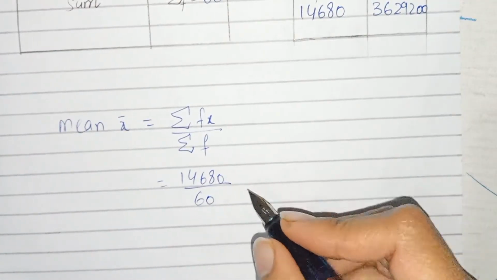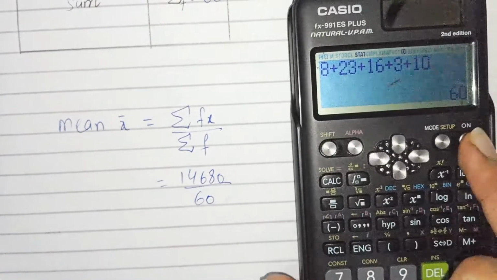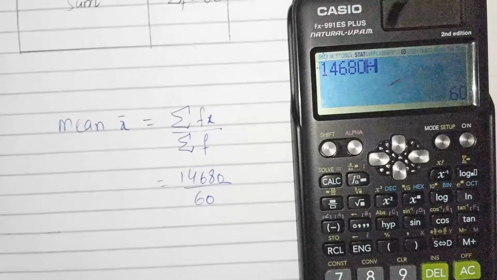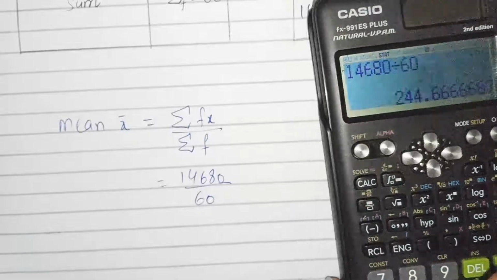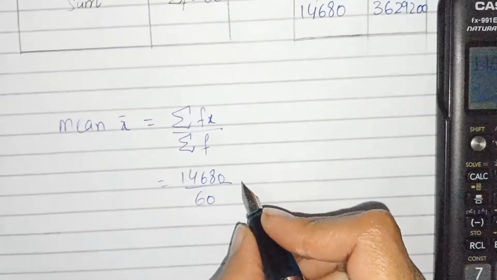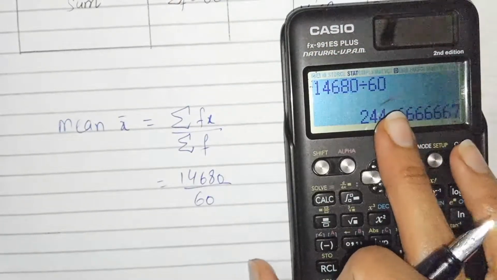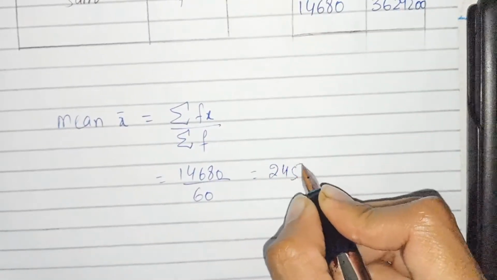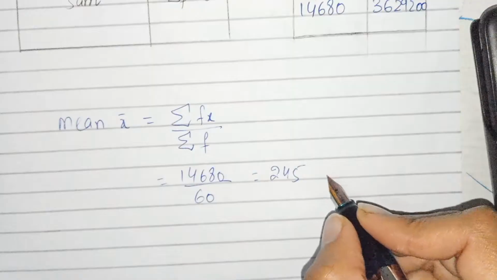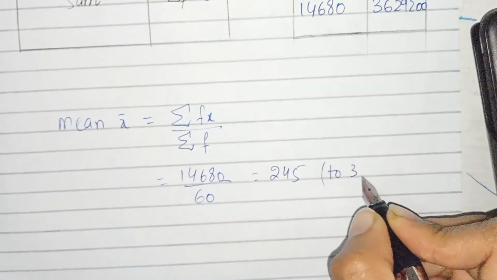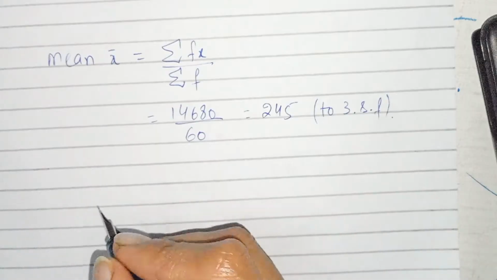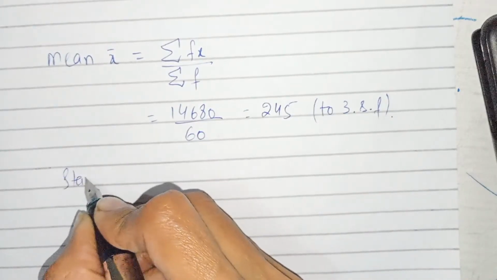Now we have to divide it. 14680 divided by 60, we get 245, rounded to 3 significant figures.